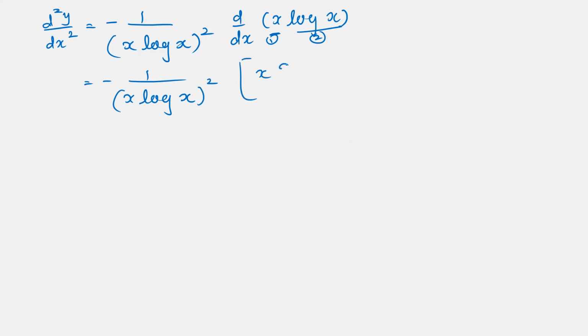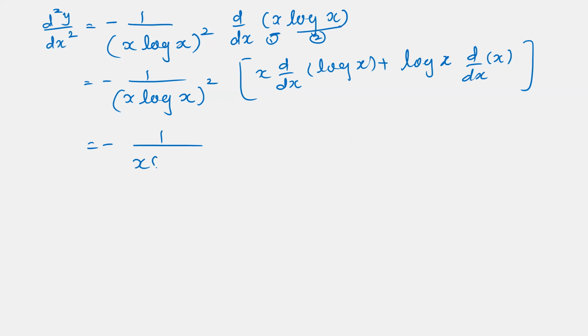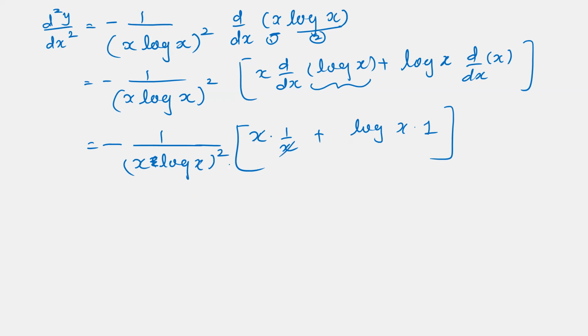First quantity as it is, differentiation of log x, plus second quantity as it is, differentiation of first. तो ऐसे ही छोड़ा हमने, not doing anything with this term, x into log x का 1 by x, plus log x as it is, dx by dx is 1 and x got cancelled, so even this part is also 1, right? So it is minus x log x square 1 plus log x.